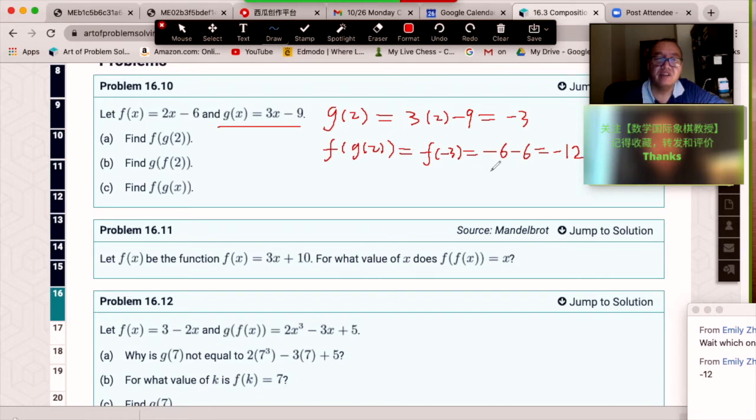Okay, good. Now let's calculate g(f(2)). Everybody send me an answer for this. This one definitely you need to first calculate what f(2) is.